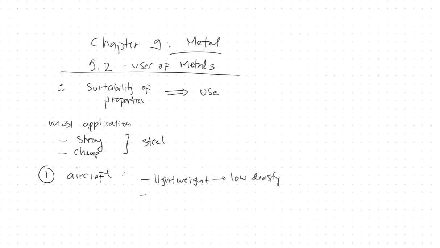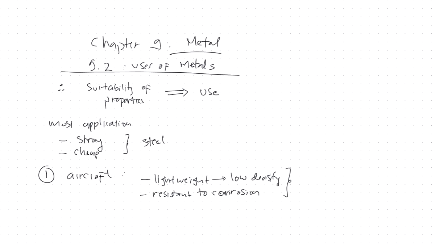And also, we want an aircraft to be generally resistant to corrosion. Corrosion means reaction with oxygen. The cheapness is not that important in aircraft. We are willing to pay for a substance that is more expensive, but lightweight, but still strong enough.